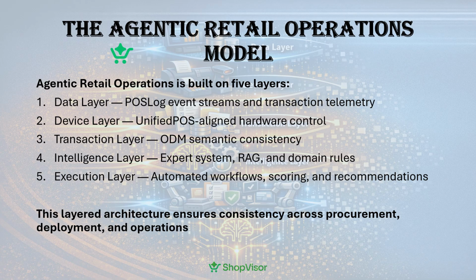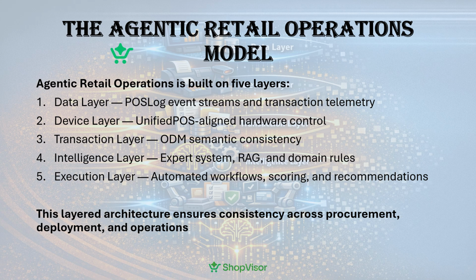The Agentic Retail Operations model is based on 5 layers, starting at the bottom with the data layer. POS log event streams and records transaction telemetry. At the device layer, the unified POS devices align hardware control. The transaction layer, ODM, the data model, provides semantic consistency.